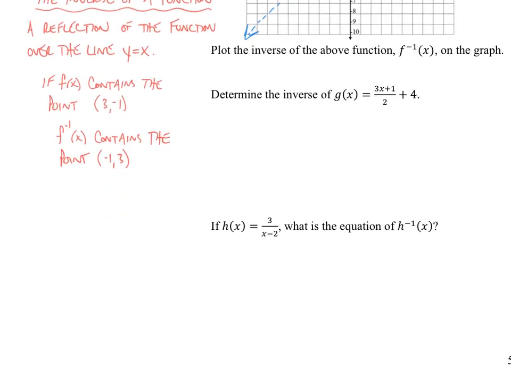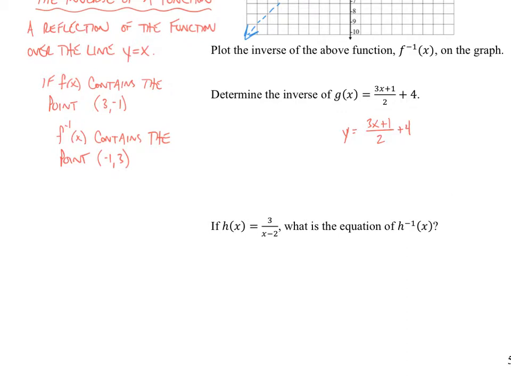So now we've got a function called g(x), and we need to determine its inverse, but we don't even know what it looks like. So what we're going to do is remember that anytime we use the inverse, the y coordinates become the x coordinates, and the x coordinates become the y coordinates. To start off, let's call g(x) y for now, because we've been using the terminology y equals, flipping y coordinates and x coordinates.